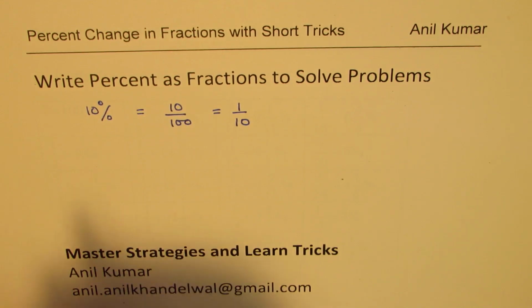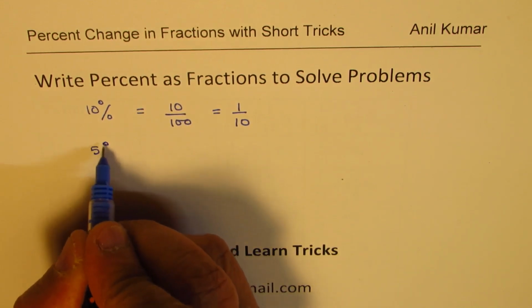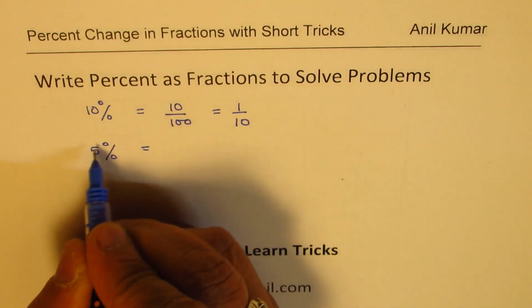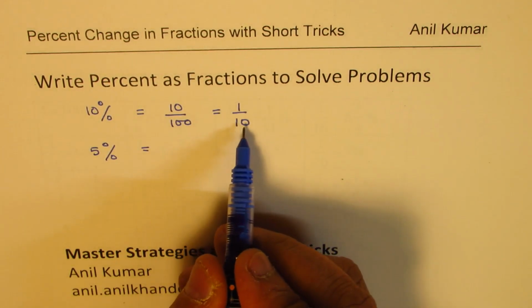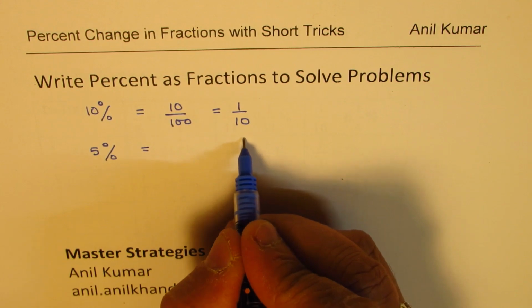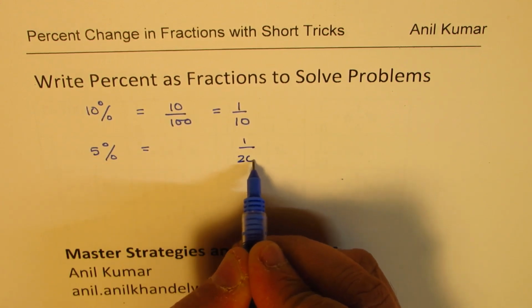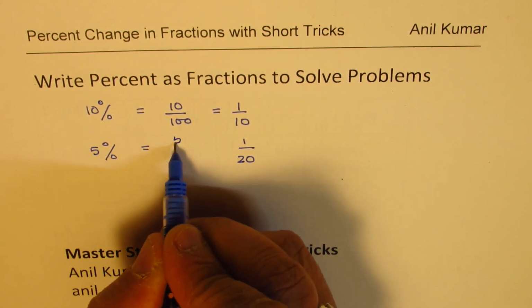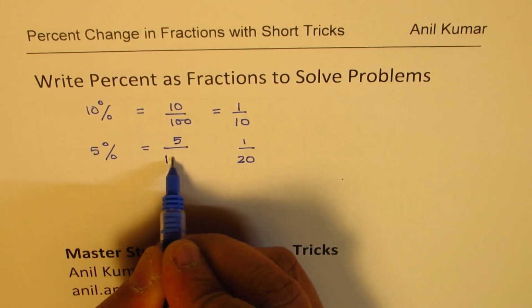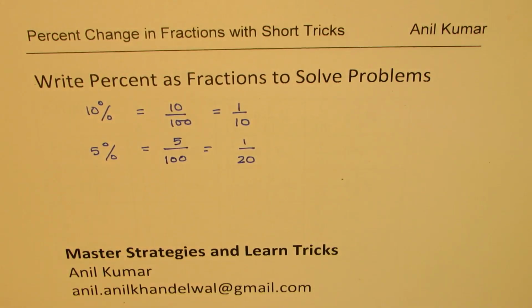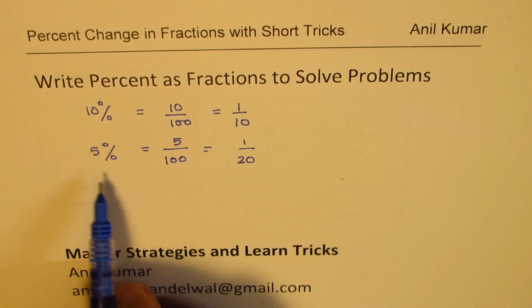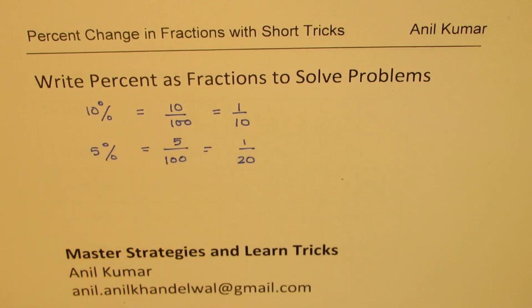Now if I say 5%, we know 5% is half of 10. We could get the result from there also, which is 1 over 20, correct? Or you could do the same calculation, saying 5 over 100 and simplify this to write 1 over 20. So likewise, you could convert percent to fractions.